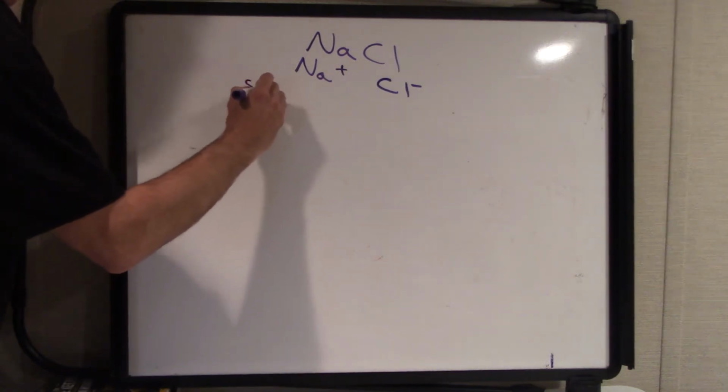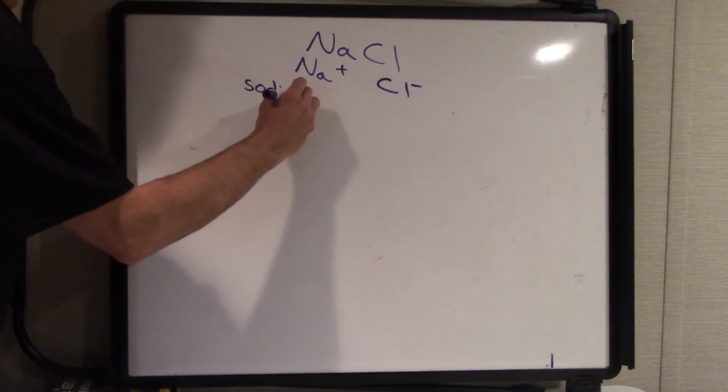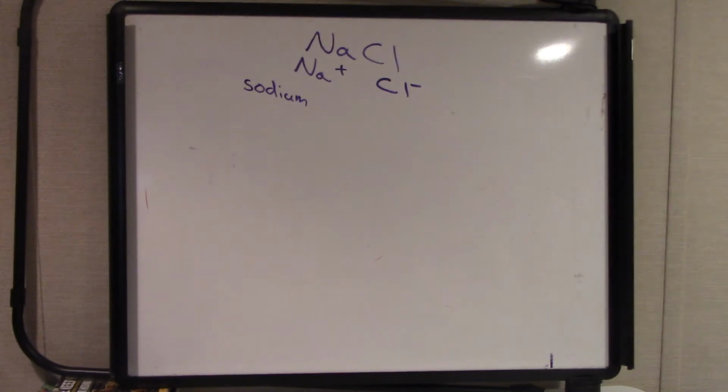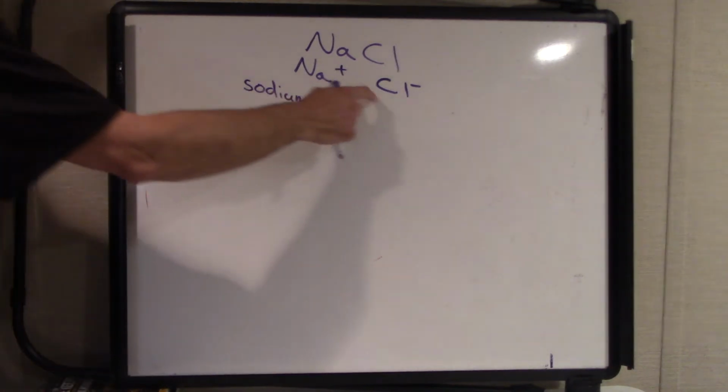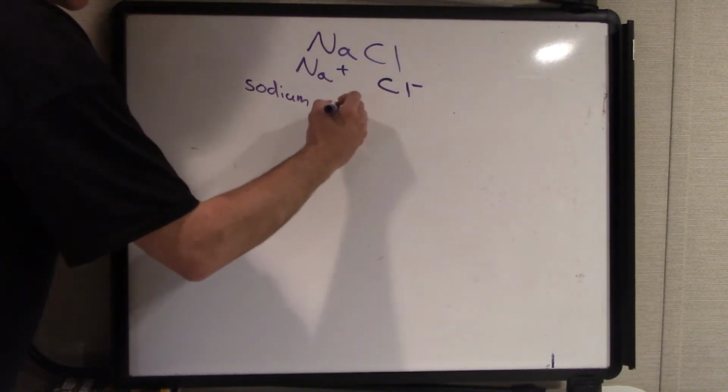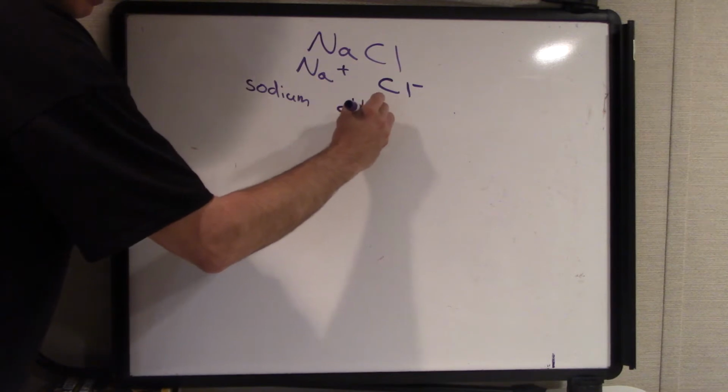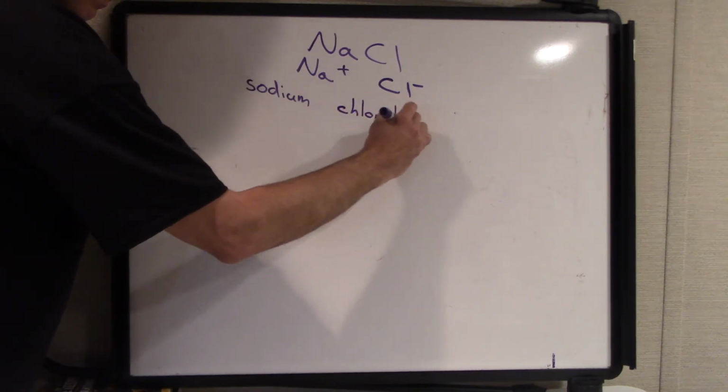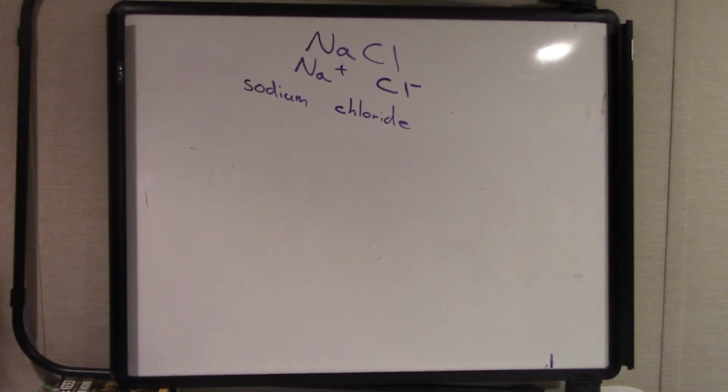The positive ion is sodium, and we keep the name of the element. Then it says name the negative ion, replace the ending with -ide. So chlorine is going to become chloride. You're familiar with sodium chloride being NaCl. That's why we wanted to pick this one. You're already familiar with it, but it illustrates the first couple of steps.